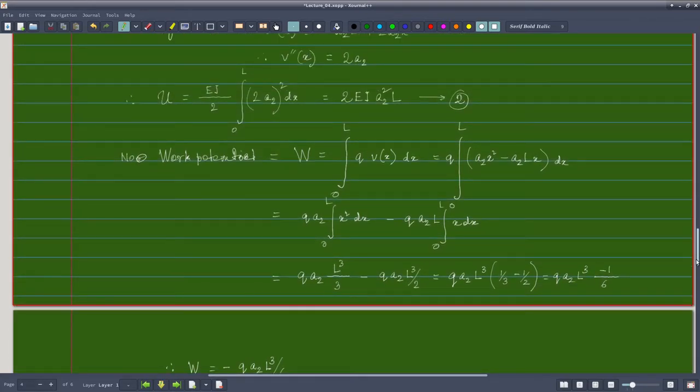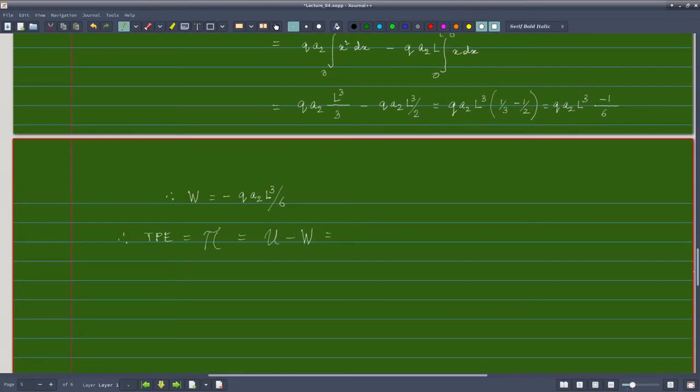U was twice EI A2 square into L, and minus, so minus minus plus Q A2 L cube by 6. Okay, so this is my value of pi.